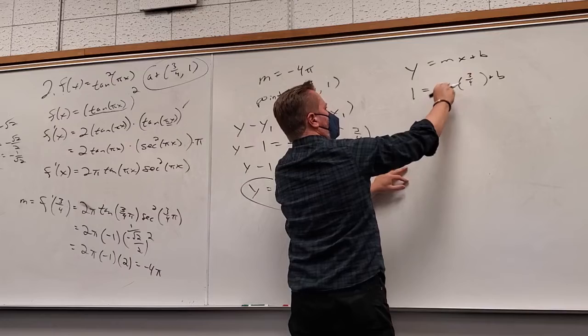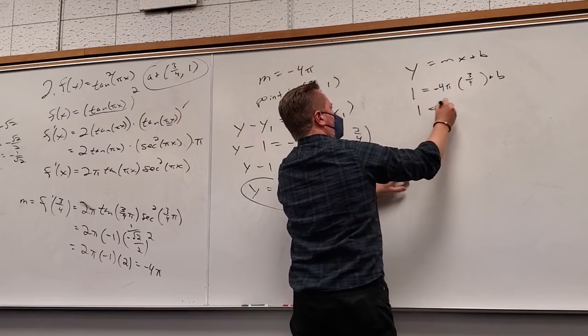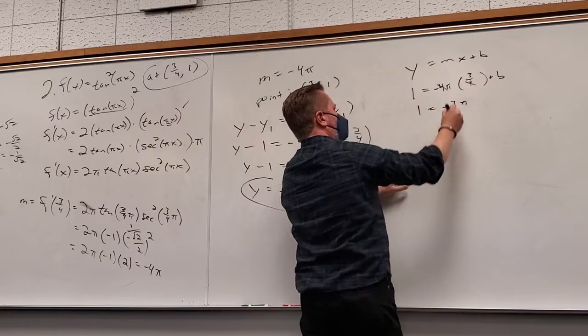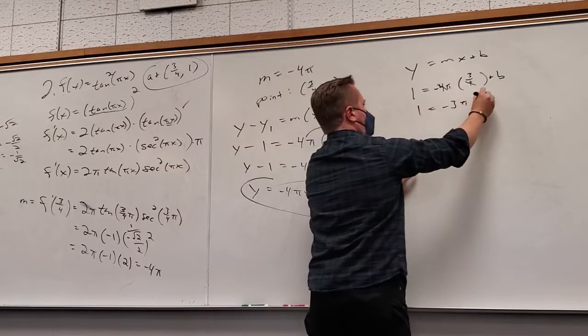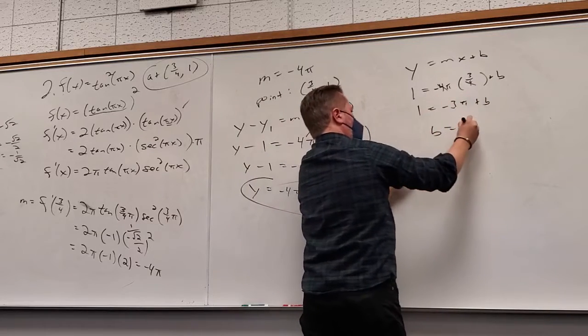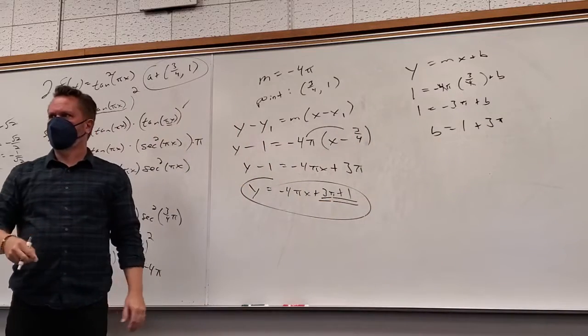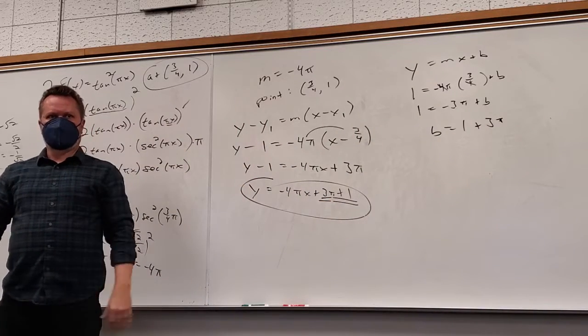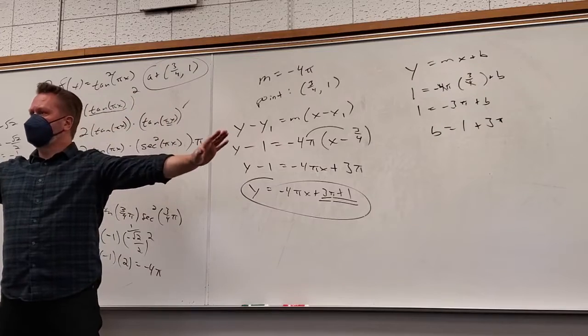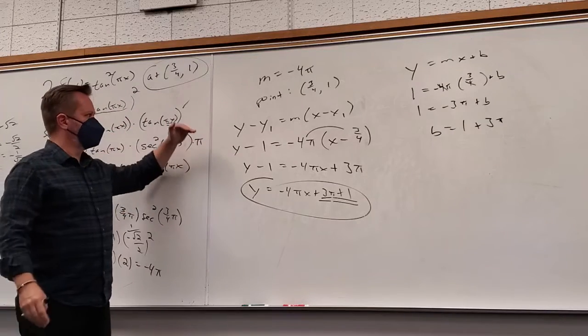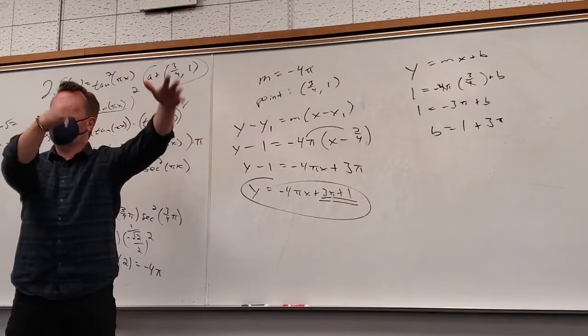So then I get negative 3 pi plus b. So b, add this over: 1 plus 3 pi, which is what we got. So that's completely valid, and I told you you could do that if you want to. I'm just always going to do this.